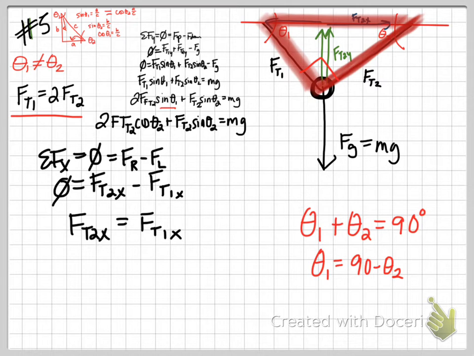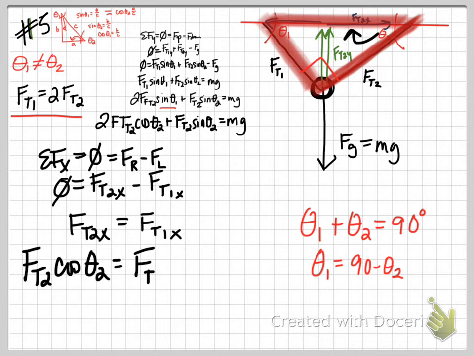How many of you got this far already? No? Okay. So we know, looking up here and looking at our angles, this is going to be cosines. So FT2 cosine theta 2 equals FT1 cosine theta 1.